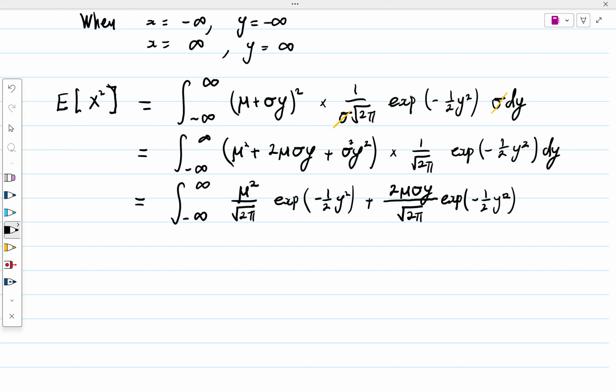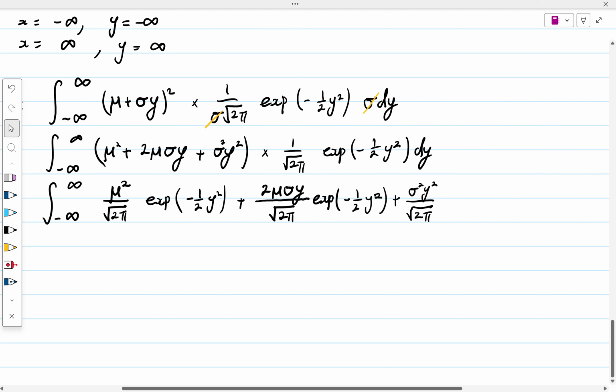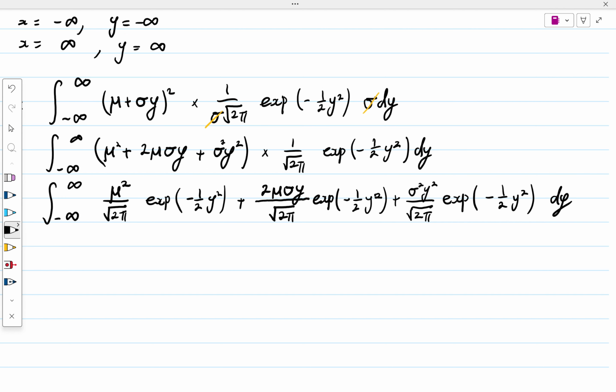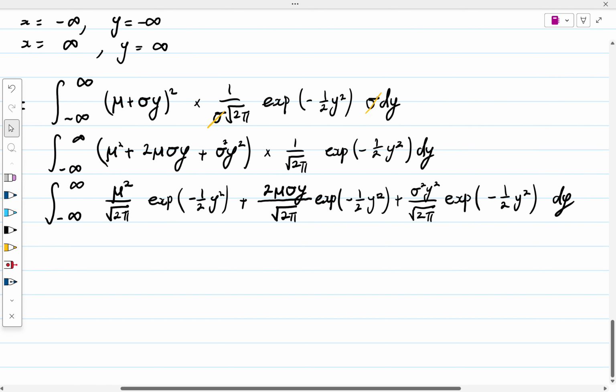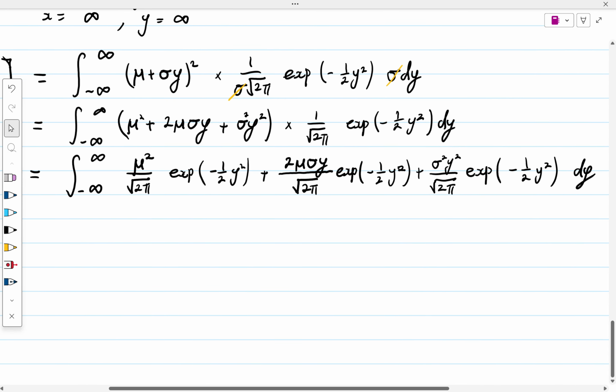And then finally, the final expression here that we shall evaluate is the sigma squared y squared times our expression. So we've got to have plus sigma squared y squared on square root 2 pi exp of negative a half y squared, and then of course we're integrating that with respect to y.